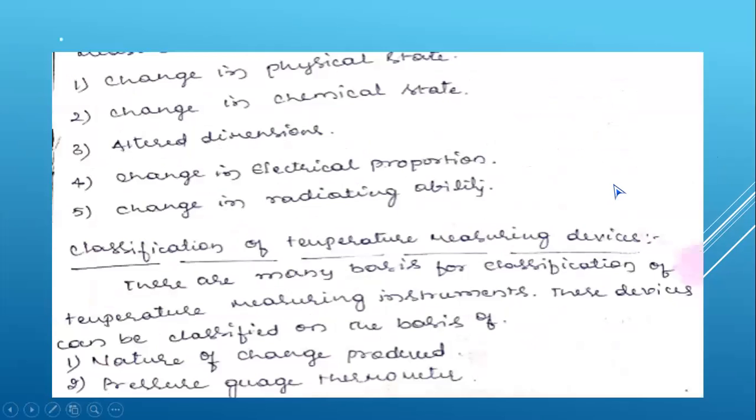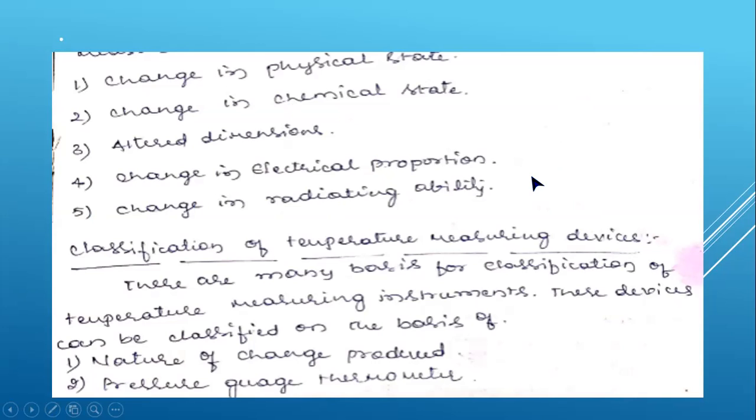Next, how do you measure the temperature? There are a lot of instruments available. Thermometers: the liquid filled thermometer, meaning the mercury filled thermometer, and the electrical thermometer, that is the resistance thermometer. Altered dimensions means the change in dimension in a liquid filled thermometer, and change in electrical properties in the resistance thermometer.